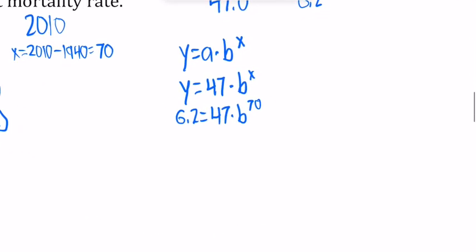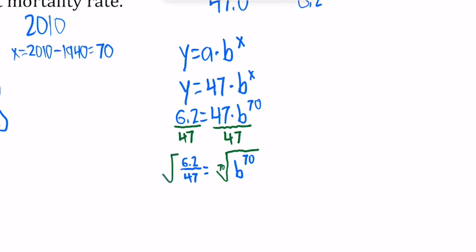So to solve this equation, our next step is to divide both sides by 47, giving us 6.2 over 47 equals b to the 70th. And now to get that b by itself, we need to get rid of the 70 exponent.